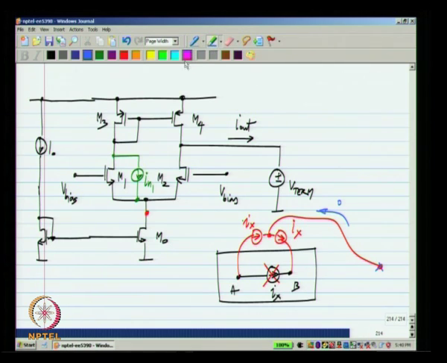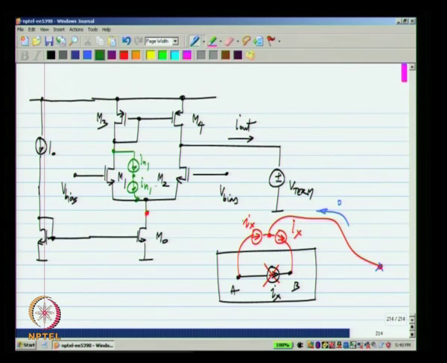Now, this is a particularly convenient thing when we have to do analysis with floating current sources, that is current sources connected between two nodes, neither of which is ground. In many cases it will simplify things if we replace it as a series combination of the two current sources and connect the middle node to ground. Okay. So, that is what we are going to do here. Most important thing is the two current sources should be identical, and in this case they are noise sources, but the noises are identical.